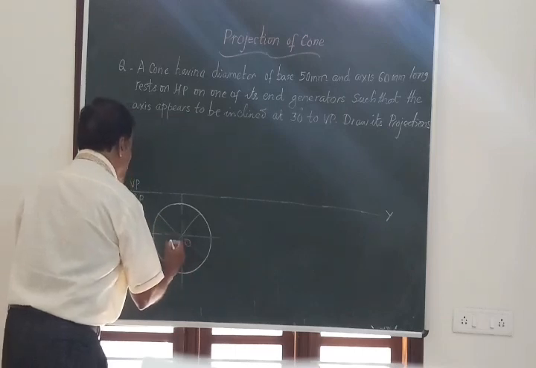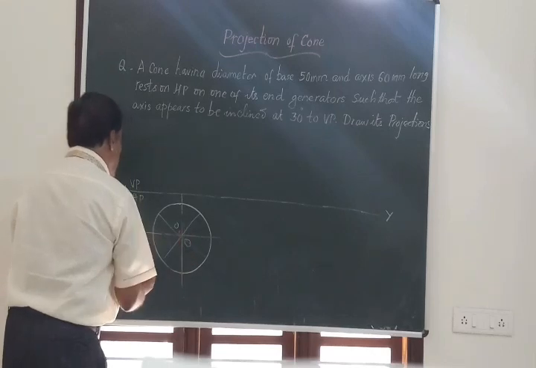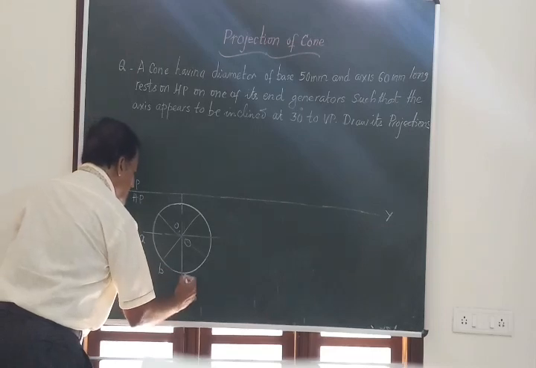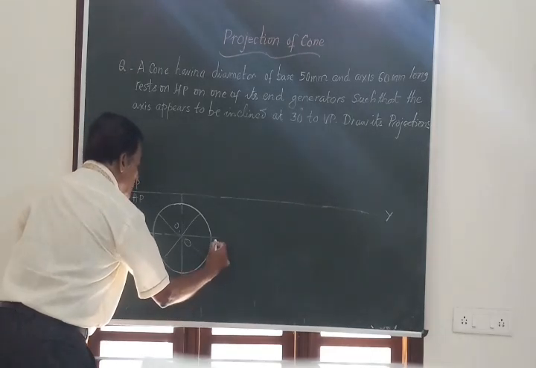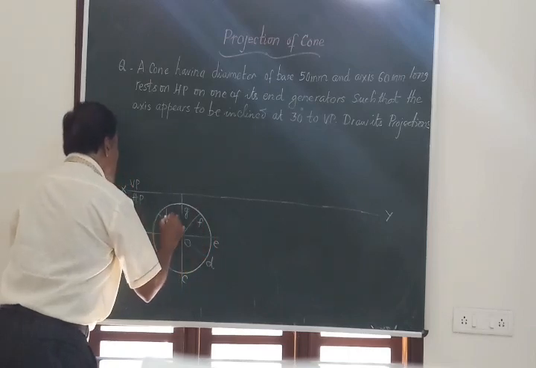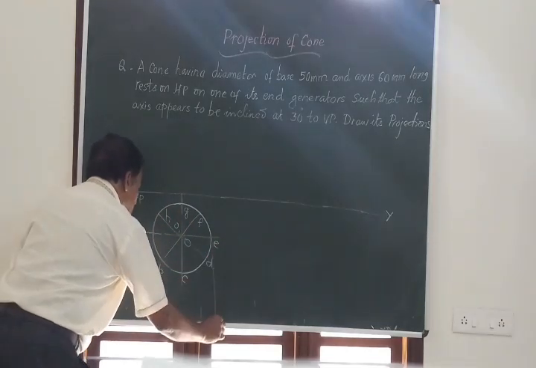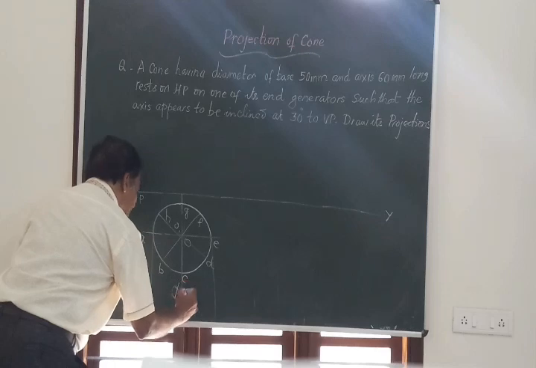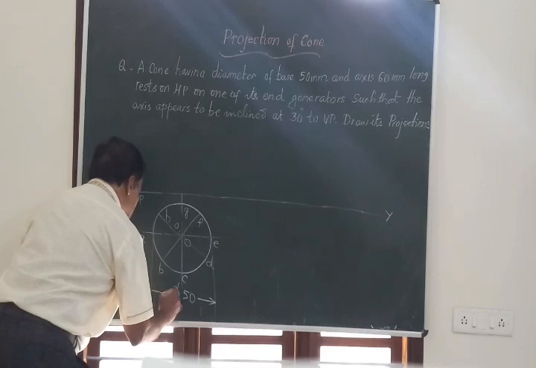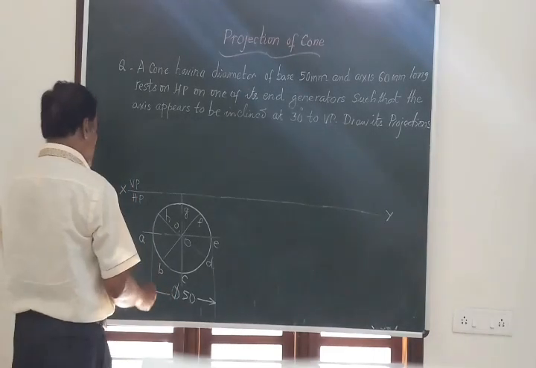Let us mark this as O, O1, the vertex or apex and the center, and mark the points as A, B, C, D, E, F, G and H. So I have divided the circle, whose diameter is 50 mm, which indicates the diameter of the base. And obtain the front view as usual.